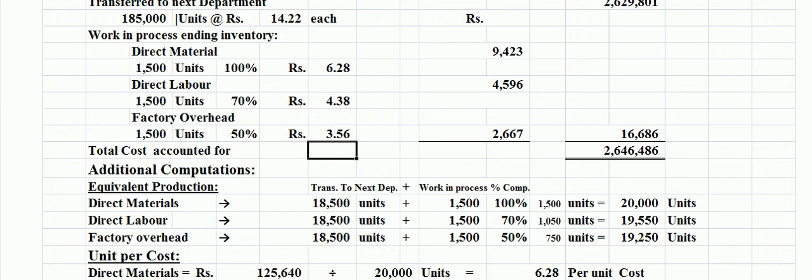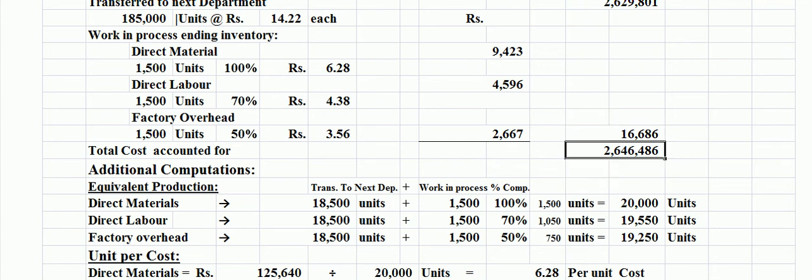Students, now we find the work in process ending inventory amount in the form of direct material cost, which is 9,423, same as direct labor cost and factory overhead. We sum up all these figures, then we find 16,686 rupees. Now we add both values.